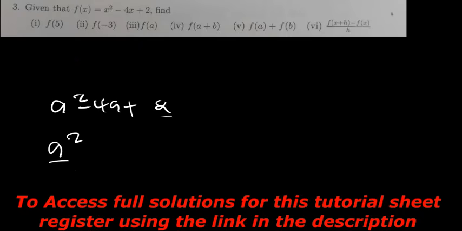So the last one is the same thing. Where there is x, you put x plus h for the first part, but it has to be squared. If we go to calculus, that is the formula for first principle.